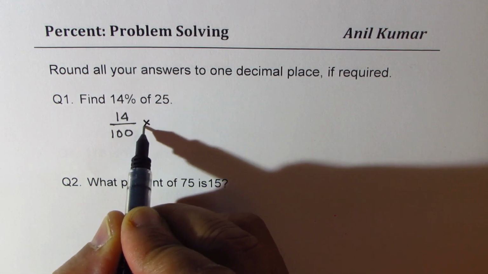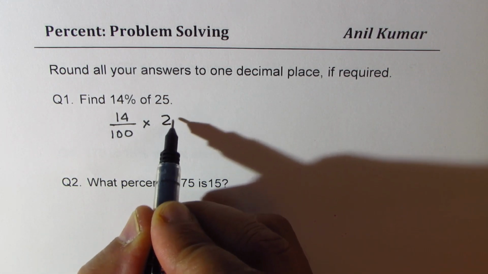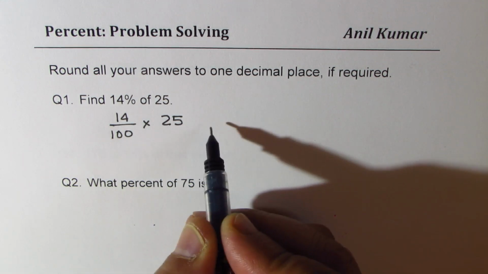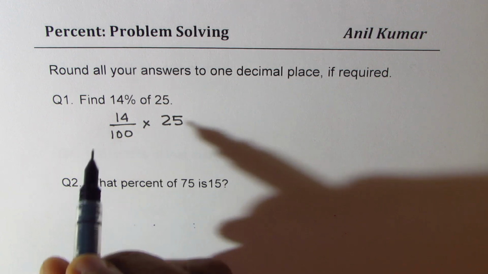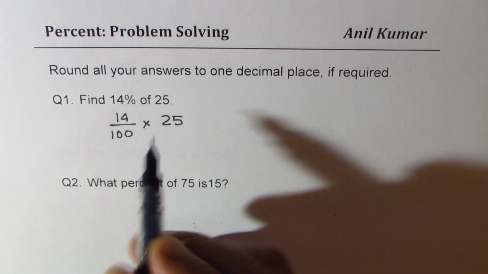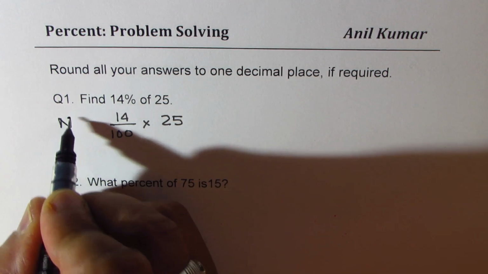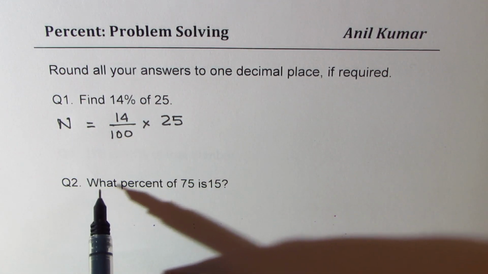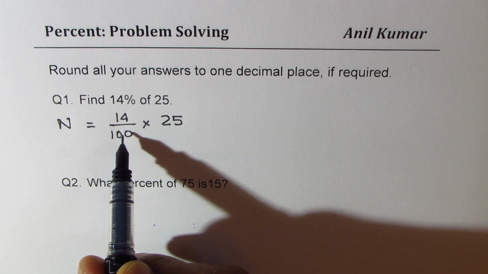Of means times 25. Do you see that? So 14% of 25 is what? We are looking for a number, so it is always a number. I hope that is clear, right?